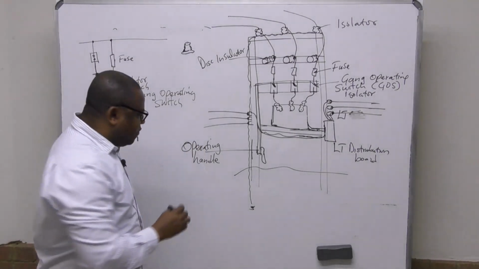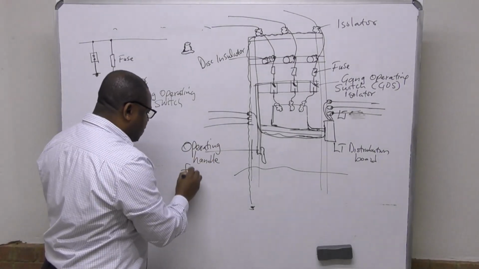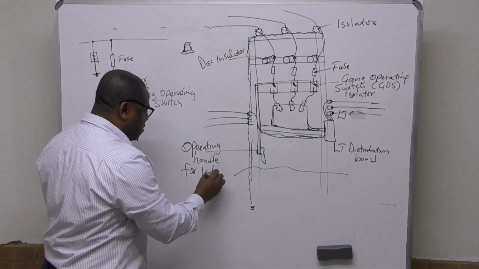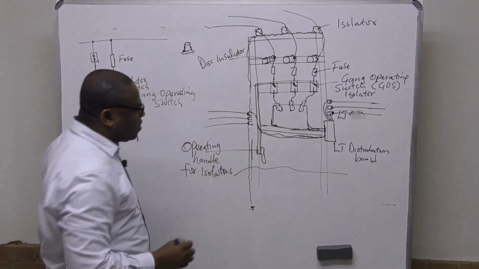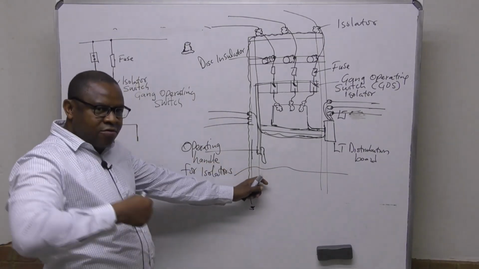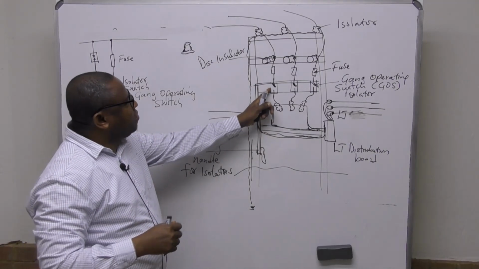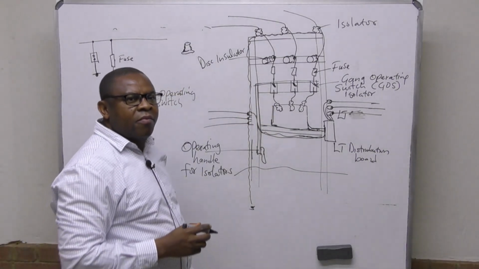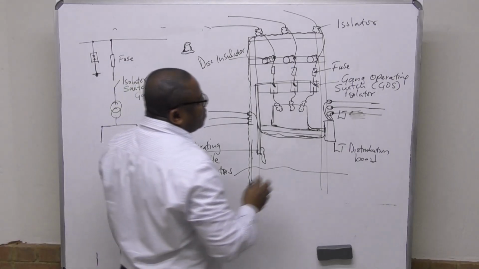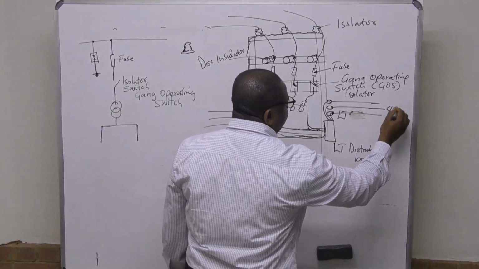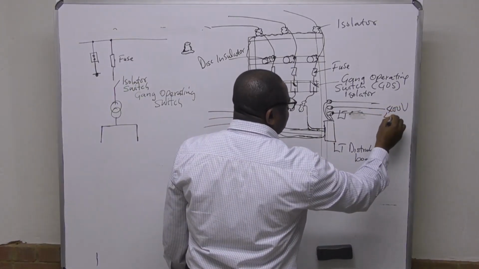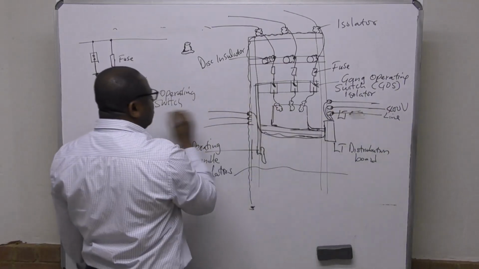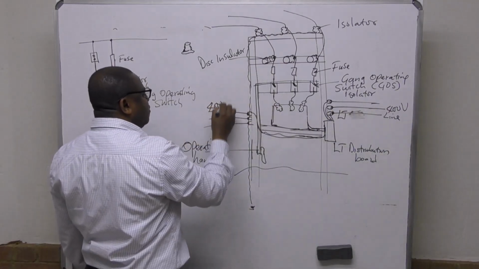All right, for the isolators, you can just turn the ground and pull it. Then this will open. All right. So this is a 400 volts line. If this is going also this way, 400 volts line.